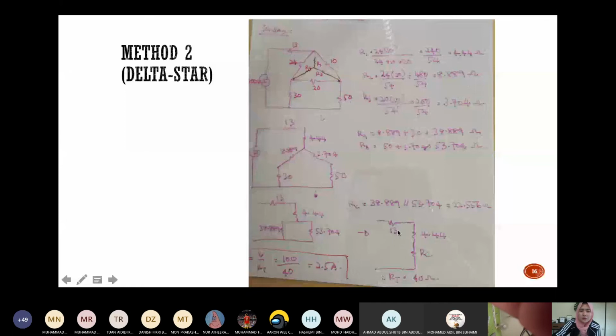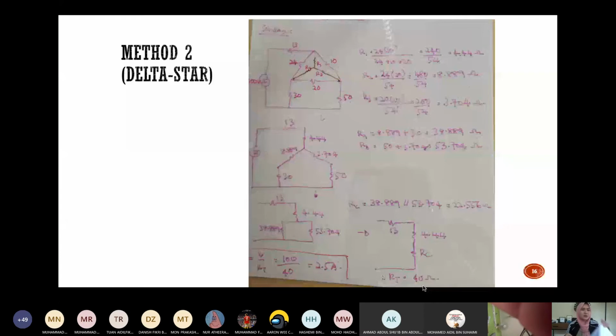Okay, so you redraw, and you will get something like this. Then only can you find the R equivalent or the R total, RT. So 13 in series with this resistor, you should get R equivalent equals 40. You should get the same answer as the previous example.